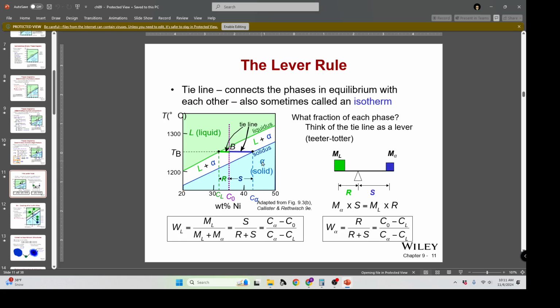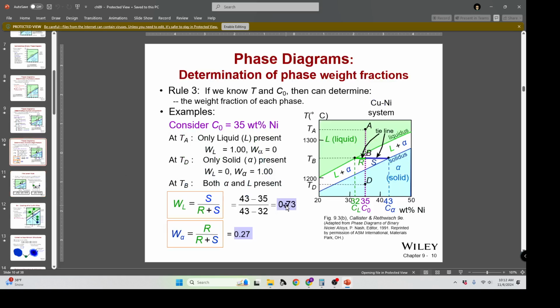So when we're working with these lever lines and tie lines and things, we want to make sure that all of these are carefully calculated, so they're an estimation. And again, if your weight fractions, the way that you calculated them, are 75%, 25%, you're in the right ballpark.